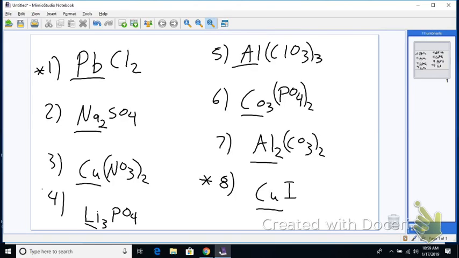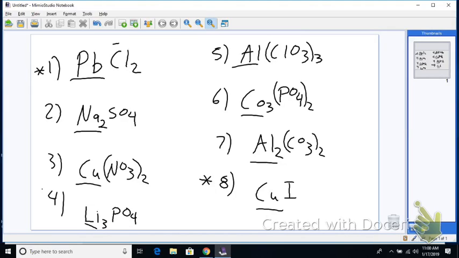So for number 1, do we have to use a Roman numeral? Yeah, because it can be a 2 or a 4. When you know the names and know the symbols, it's much easier looking these up, right? That's why I had you do that memorization, knowing how the symbol links to the name and vice versa.